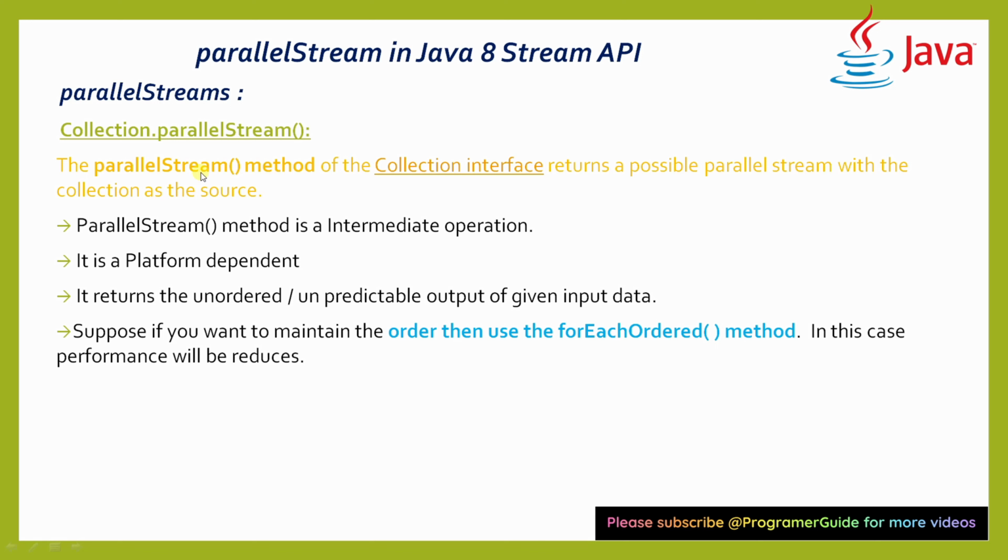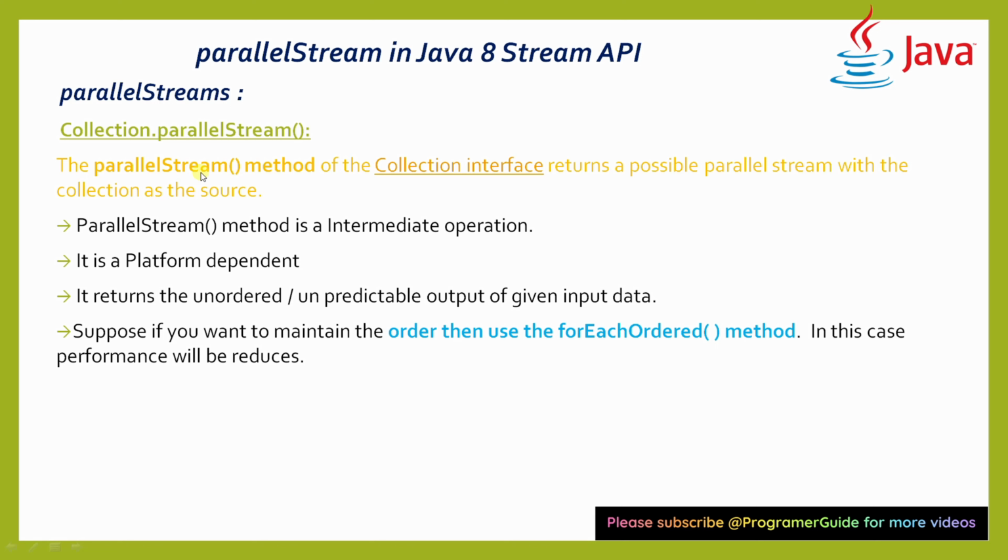If you want to maintain order, then you need to use the forEachOrdered method. In that case, performance will be a bit reduced, because on top of the unsorted data, you are again trying to perform the ordering.